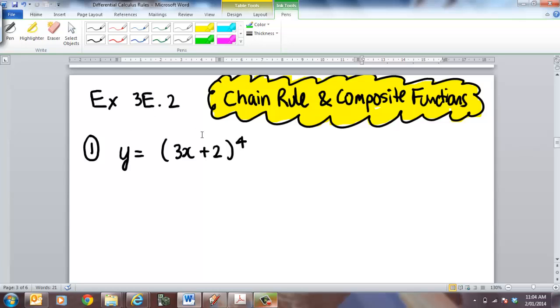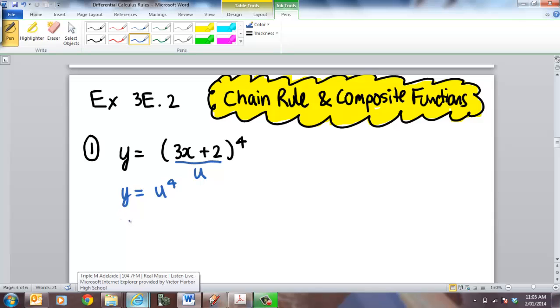Now, what we're doing with the chain rule, we're going to make life a little bit easier for ourselves. If I imagine everything that's in there and call that u, then I could write y equals u to the power of 4. Good idea? So then I could differentiate that: dy/du, differentiating with respect to u, not x, gives me 4u to the power of 3.